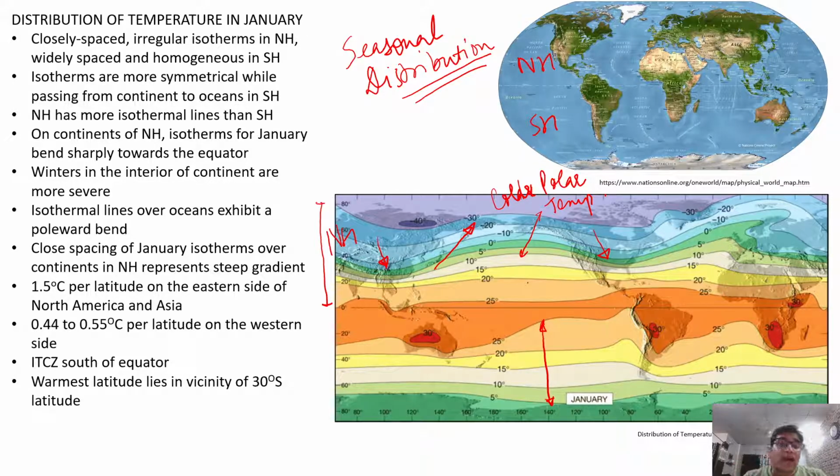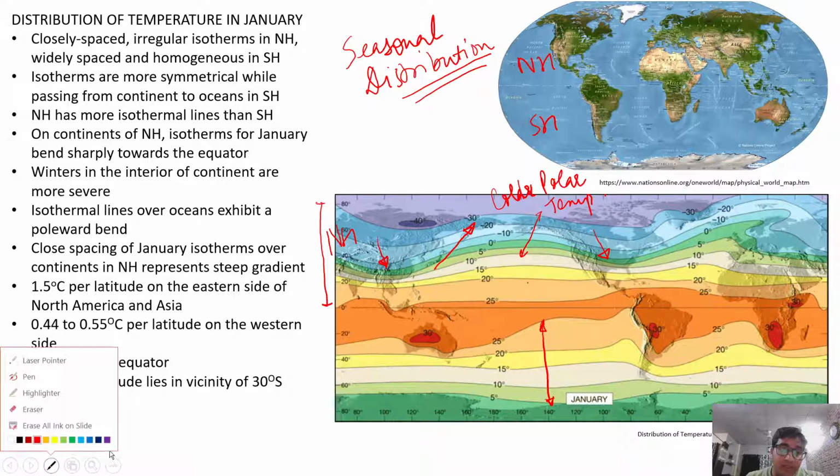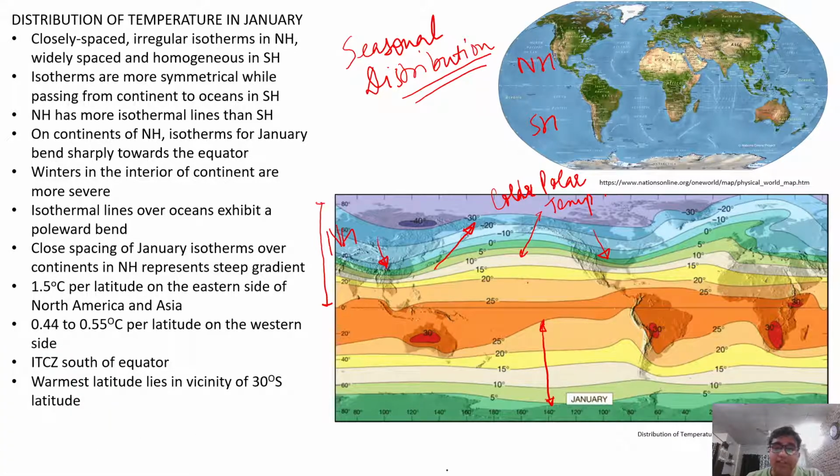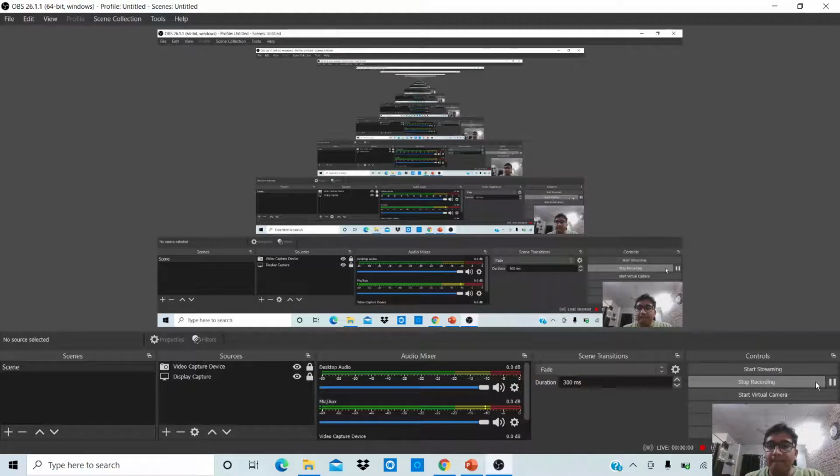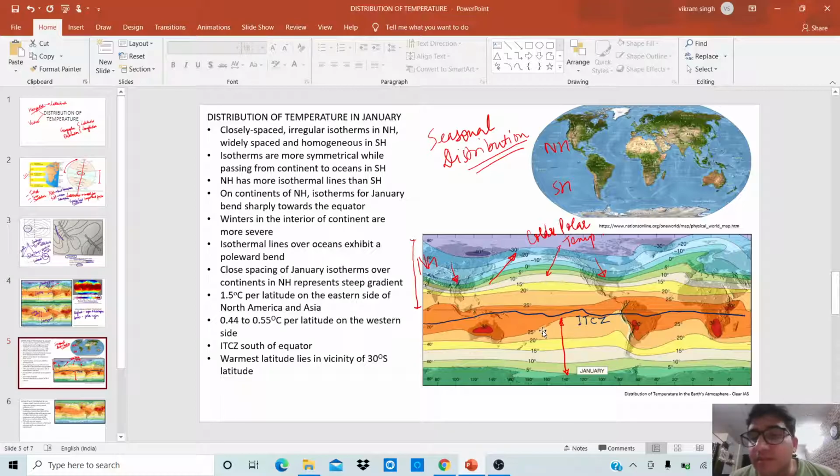Now the ITCZ, it normally lies south of equator during this month. So this is a line, I will explain this to you in a bit. ITCZ lies south of equator. Sorry for that disturbance.